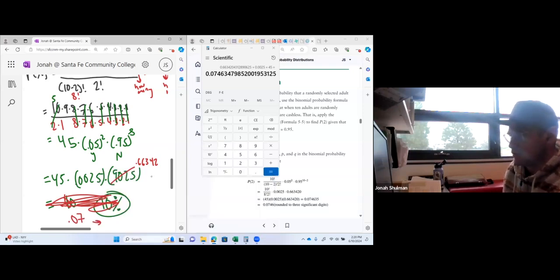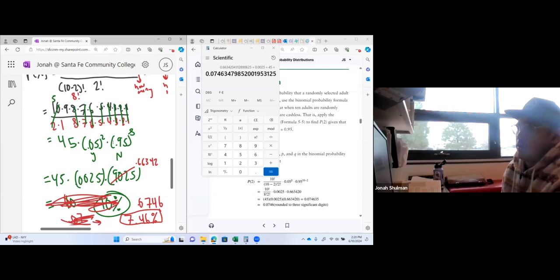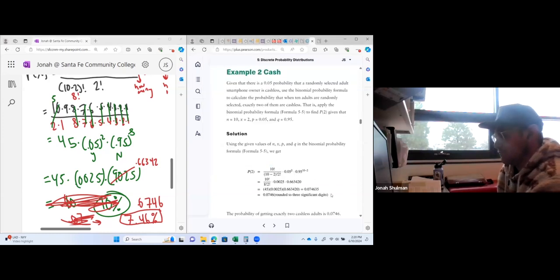Guess what? We all make little mistakes. We want this rounded to 3 significant digits. Our answer is 0.0746. We times that by 100. It is 7.46%. So I had it right when I wrote it out. I just didn't put it right in the calculator.